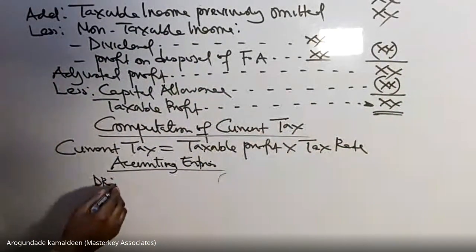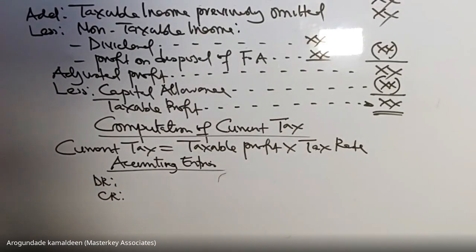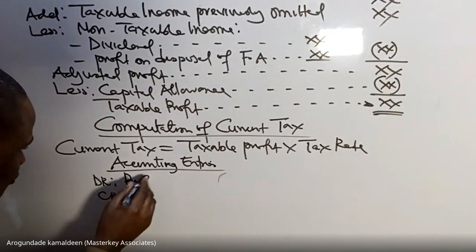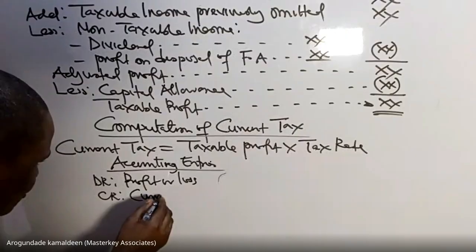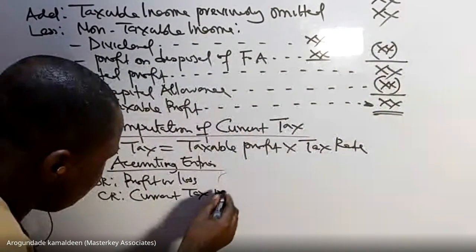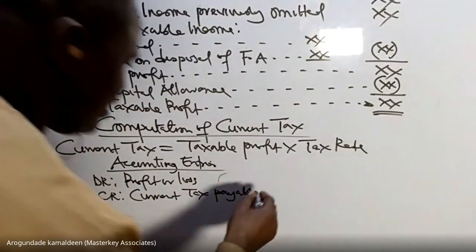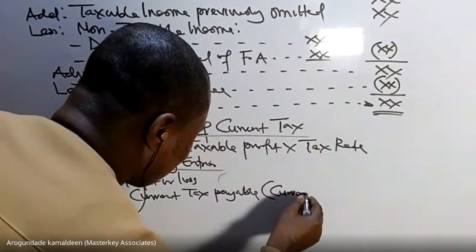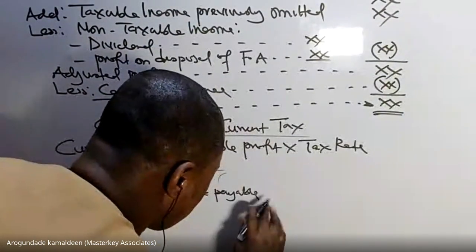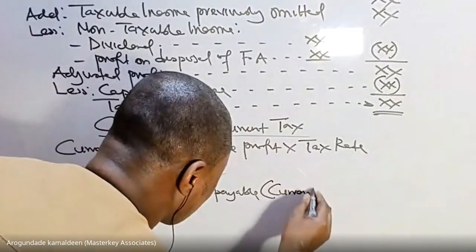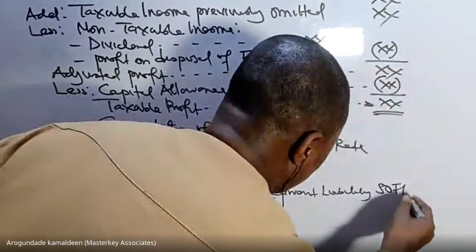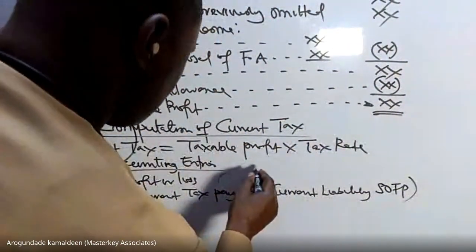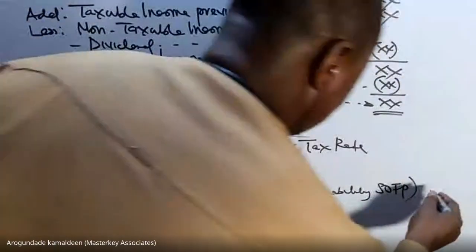You debit tax expense in the P&L, and you credit the current tax payable, as your current liability, it will appear as a liability in the statement of financial position. You debit this, you credit this.